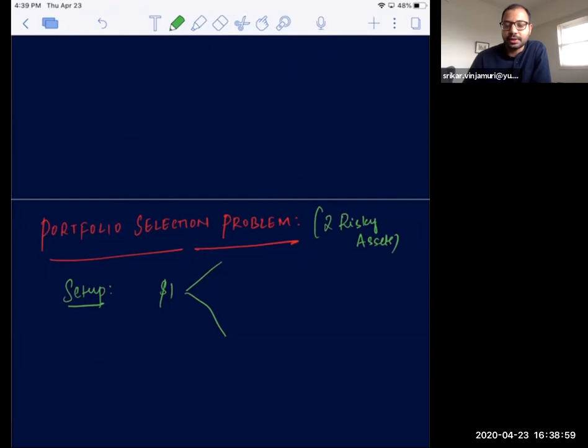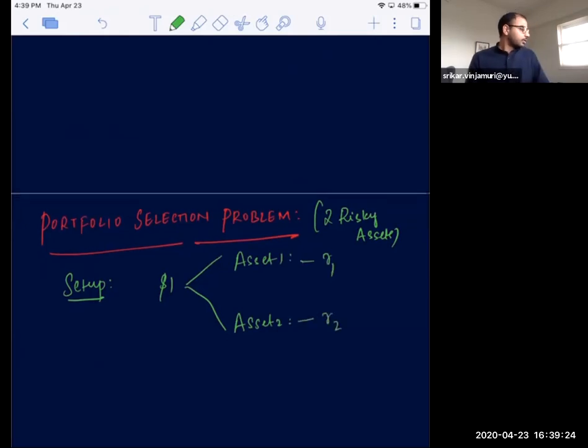You take the dollar, put it in the risky asset, whatever the return is, that's it. 2 risky assets builds in the trade-off. That's what makes it a portfolio selection problem. So there are 2 risky assets, both of them have risk: asset 1 and asset 2. Asset 1 will return R1, asset 2 will return R2.